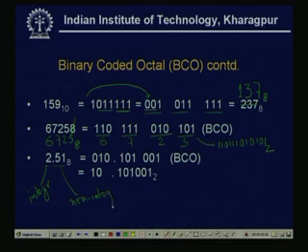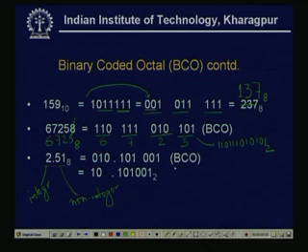In the integer portion, the 2 is represented by 3 binary bits, 0 1 0. Now, the non-integer portion can similarly be represented. So, 5 means 1 0 1 and 1 means 0 0 1.